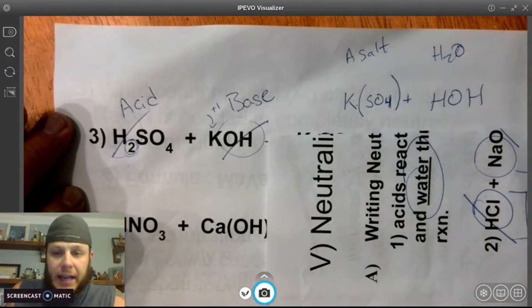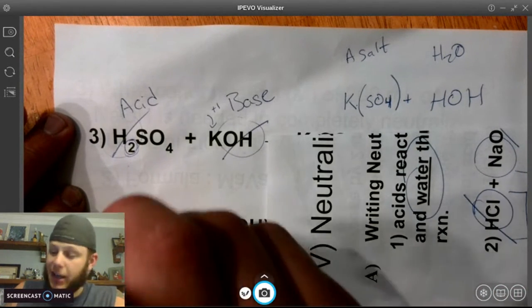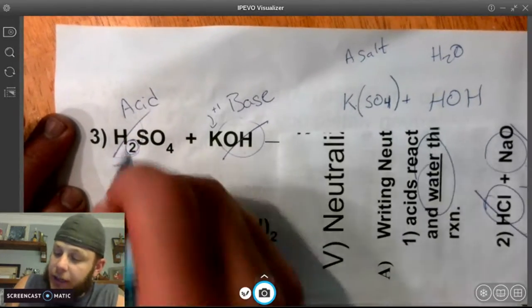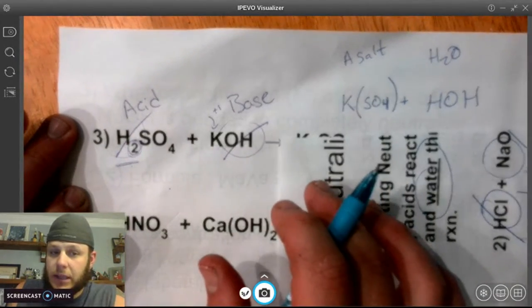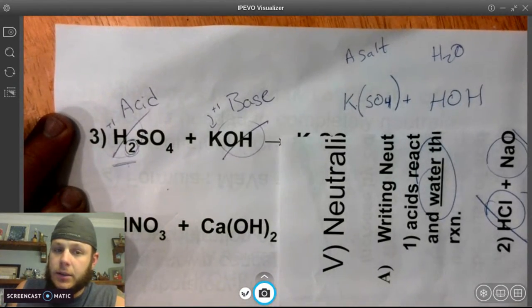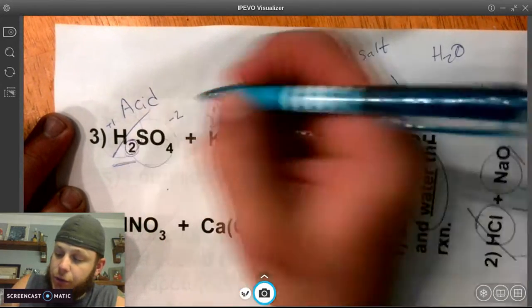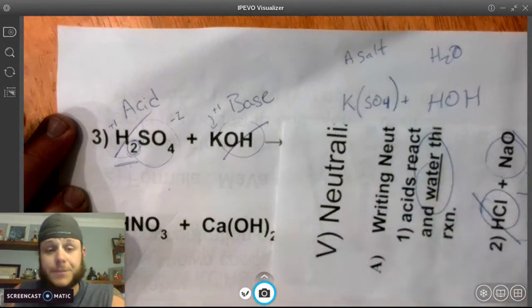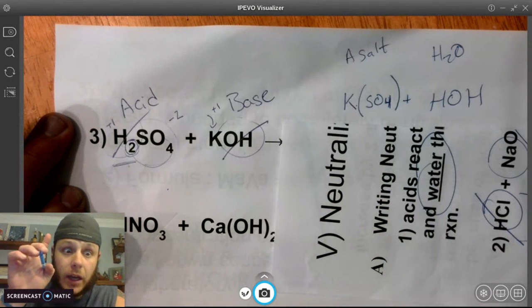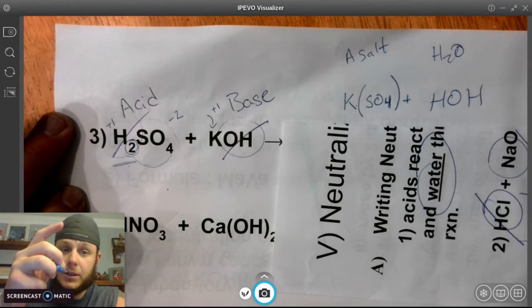But what do I know about SO4? Is it plus or is it minus? I know that if it's bonded over here to two H's, and each H is a +1, SO4 must be a -2 polyatomic ion. If you forgot all of that, which I taught you months ago, that's okay.